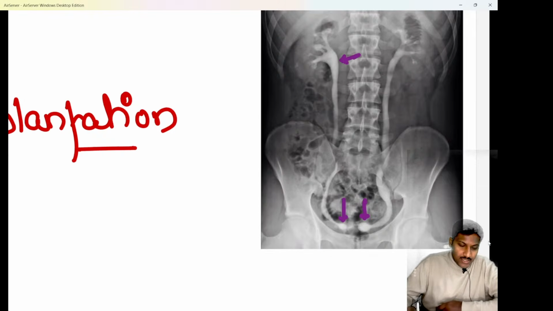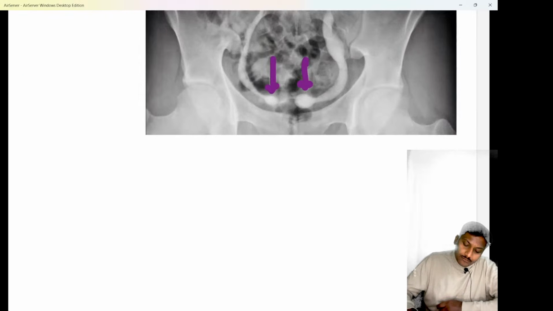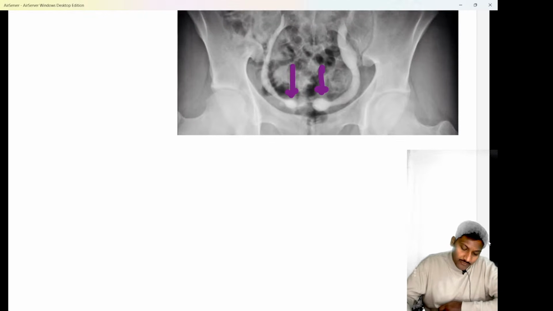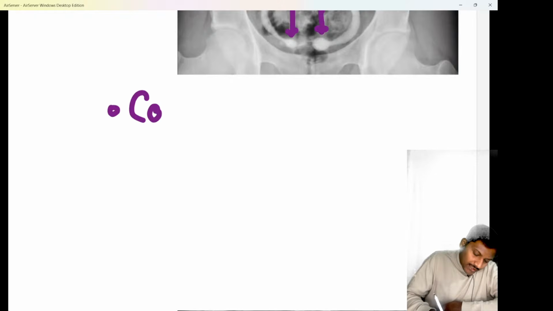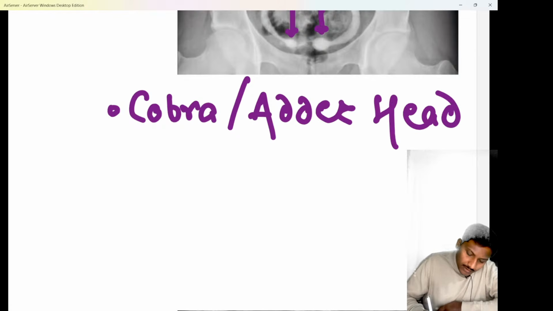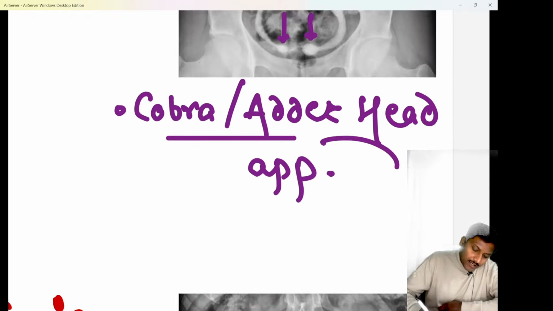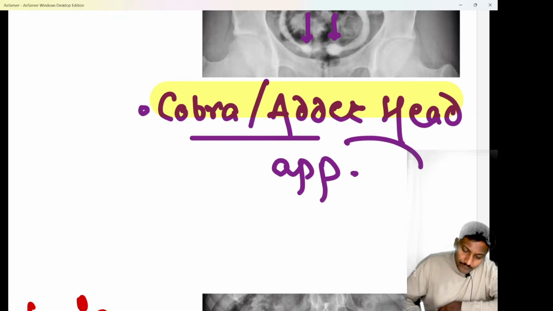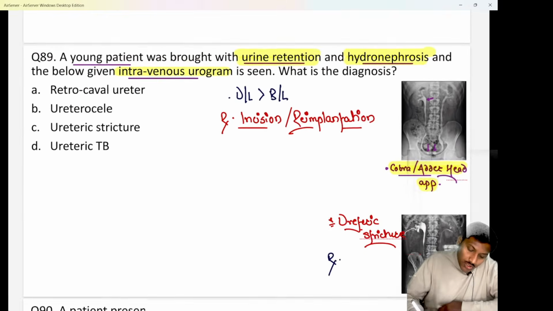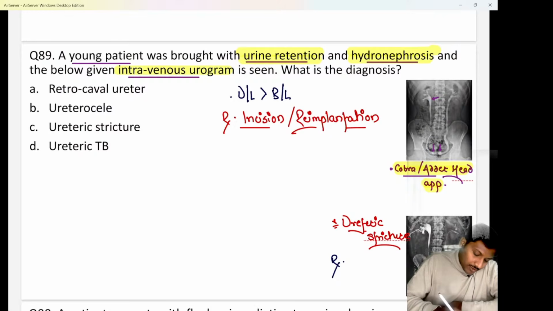As the ureteric orifice is narrow, the intramural part of the ureter is dilated, giving a classical cobra head or adder head appearance. The cobra head or adder head appearance on an intravenous urogram is a classical feature of nothing else but option B, ureterocele. The answer is option B, ureterocele.